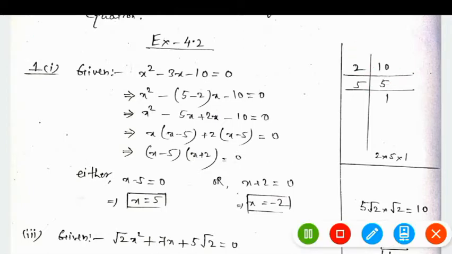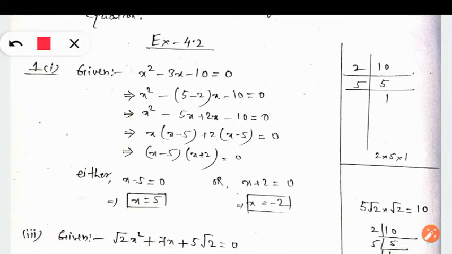So after multiplying the coefficient of x square with the constant term, you need to break that product into its factors. The factors of 10 are 2 and 5. I am getting 2 into 5 into 1. These are the factors of 10.